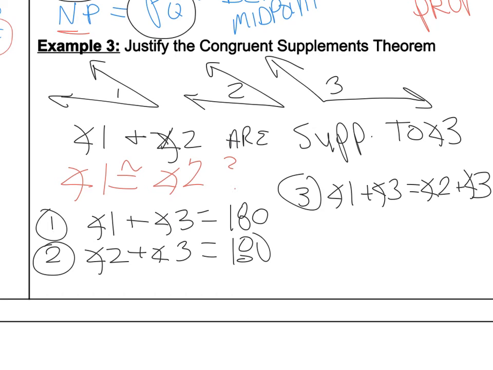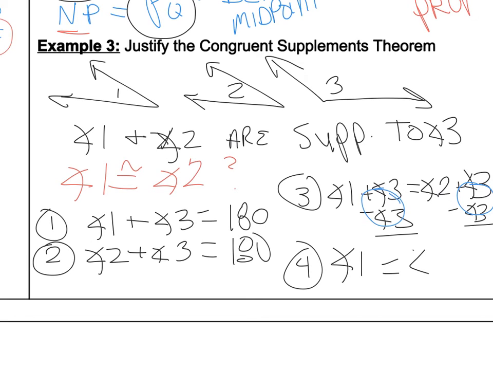And then if you were to solve, you could subtract angle 3 from each side here. And those would cancel out on both sides. So basically, we're left with, in the end, that angle 1 is equal to angle 2.